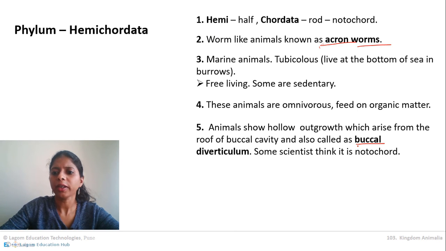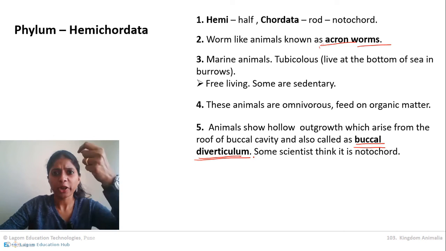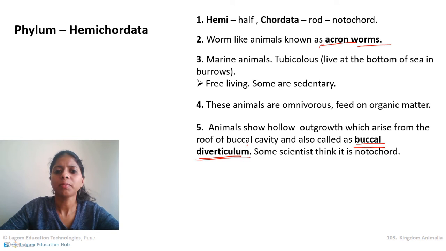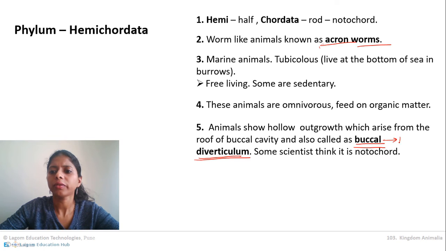Now the buccal cavity of this animal, that is the mouth of this animal, has a special rod-like structure called the buccal diverticulum. Initially, when scientists were studying these animals, they thought this buccal diverticulum is nothing but notochord. They got confused whether it is notochord or buccal diverticulum.